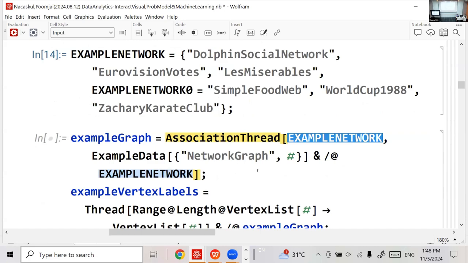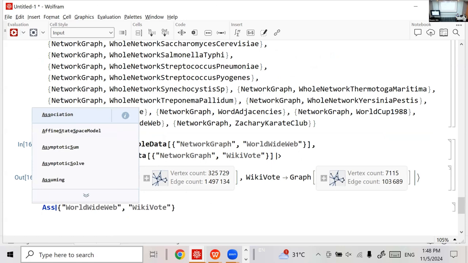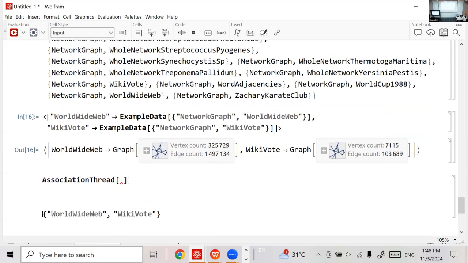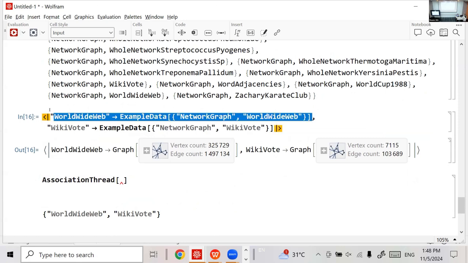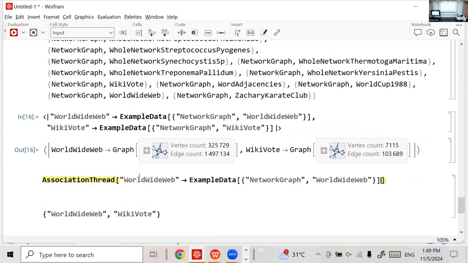And I just make this association thread of it. I take this form and I put it here. Now I call this a variable. That's it.